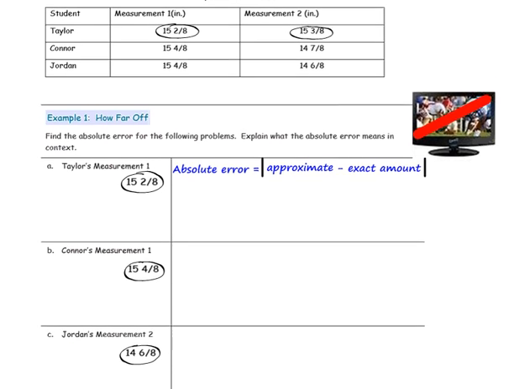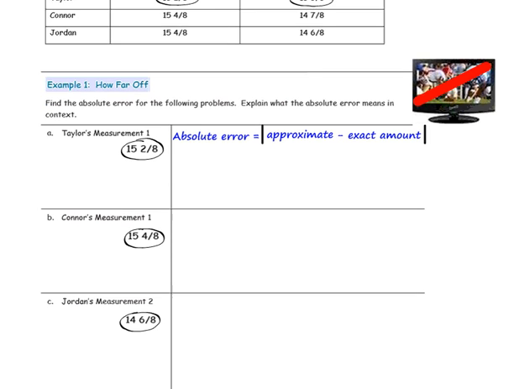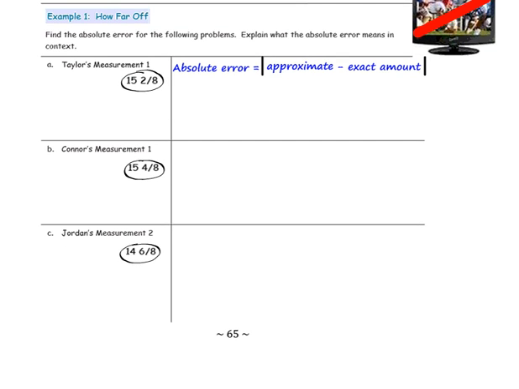So obviously there's an error here somewhere. So what we're going to do is calculate the absolute error. The absolute error is the absolute value of the difference of the approximate value minus the exact amount. Now the reason we use absolute value is because we're not concerned if the answer is overestimated or underestimated. We just want to know how far off it is.